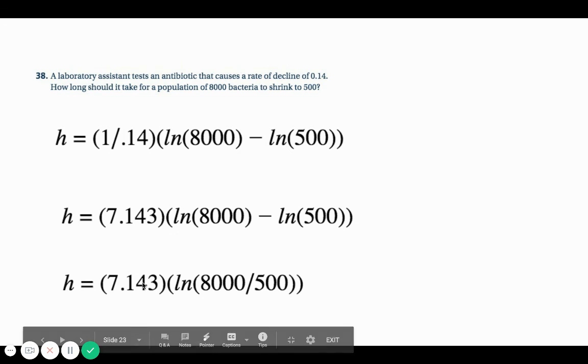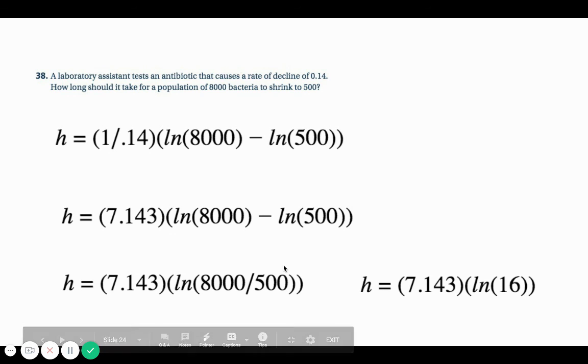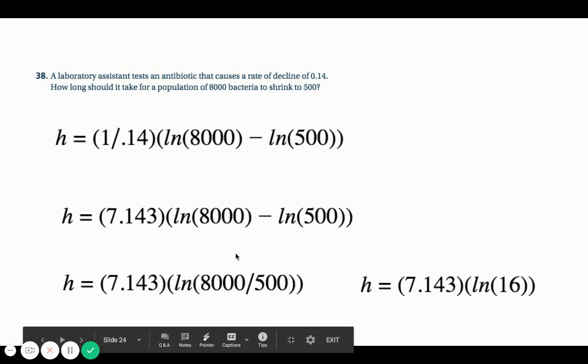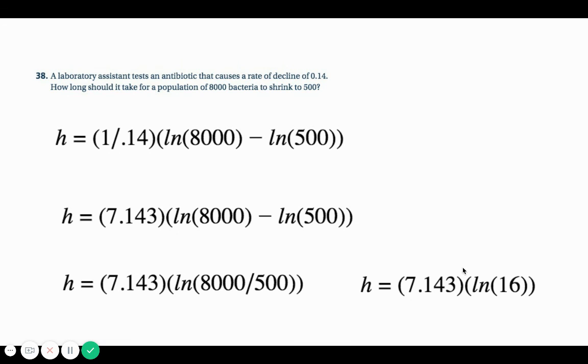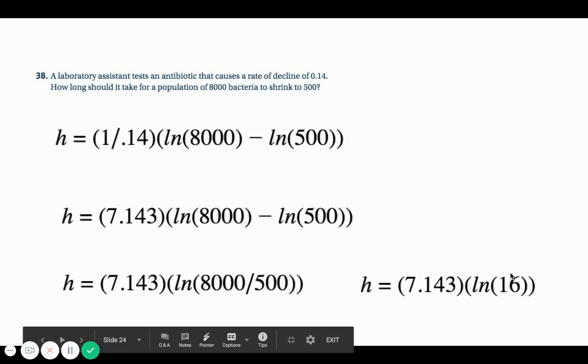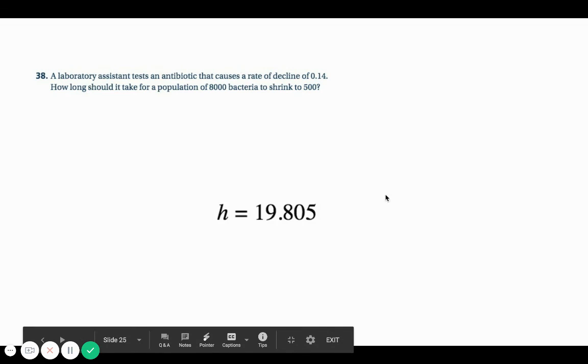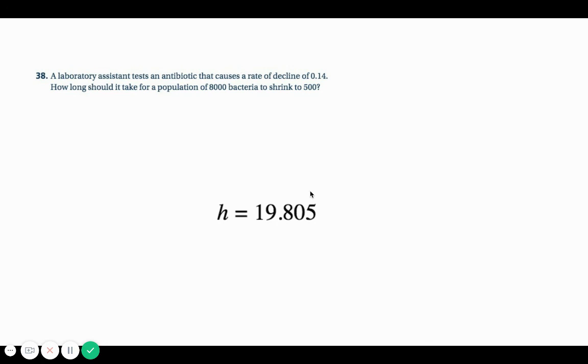And so we get 7.143 times natural log of 8,000 over 500. Now when we divide 8,000 by 500, we get 16. So now all we have is 7.143 times natural log of 16. And we just plug that into our calculator, and we get this beautiful number. H, which is the number of time, is equal to 19.805 hours.